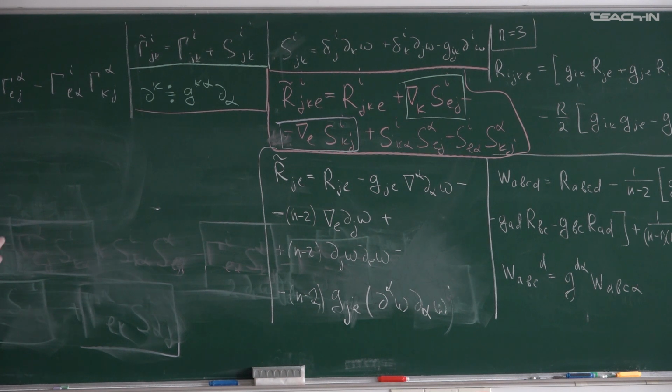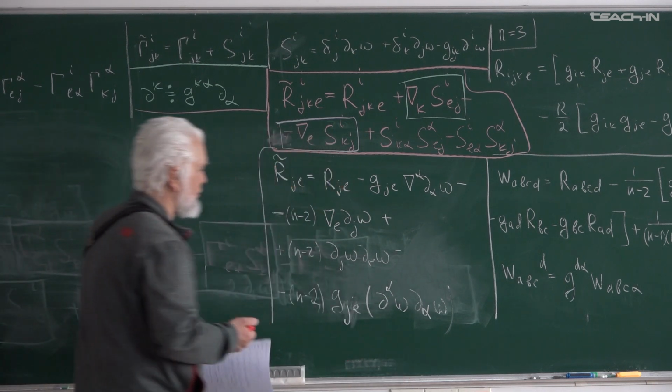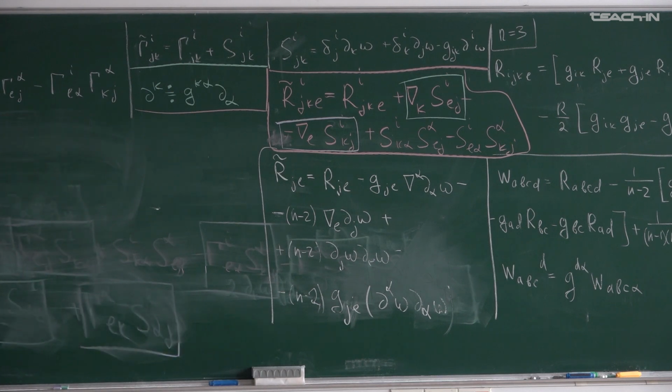Sorry, but you understand, it's a direct calculation, and I don't know how to avoid it. I think this calculation shall be done in some way. Maybe I can split it into a bigger number of lemmas, but I don't think it will help too much. Okay.